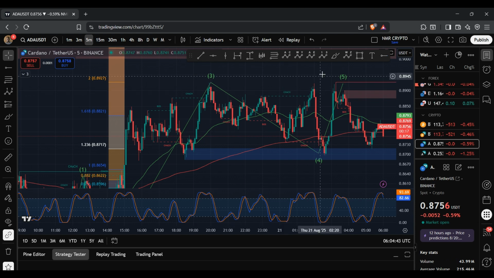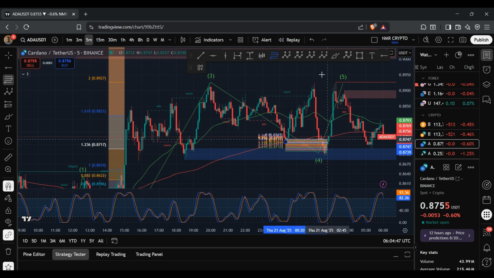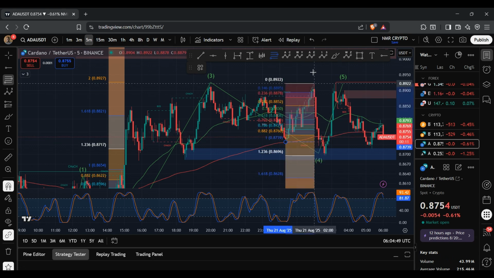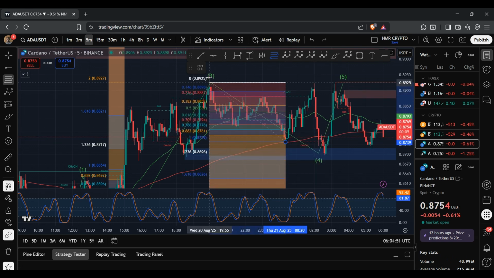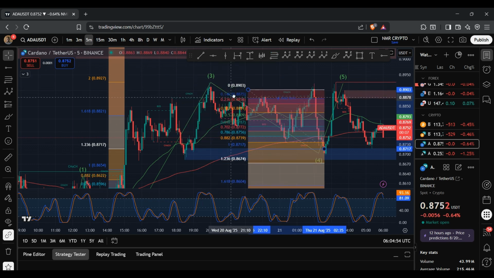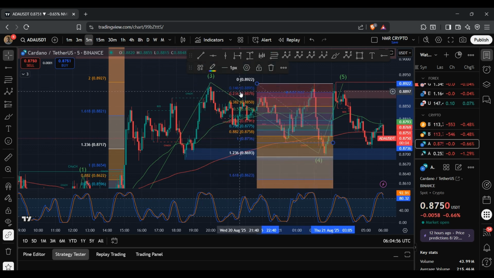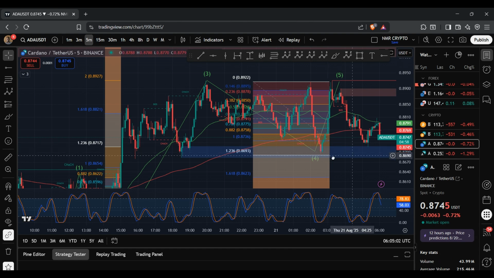And then we had this WXY structure that formed the fourth wave. So very quickly, if I bring in the Fib tool and bring this to 89.22 cents, the Y wave will typically reach anywhere between 1 to 1.226. And as you can see, we sit within this range here.